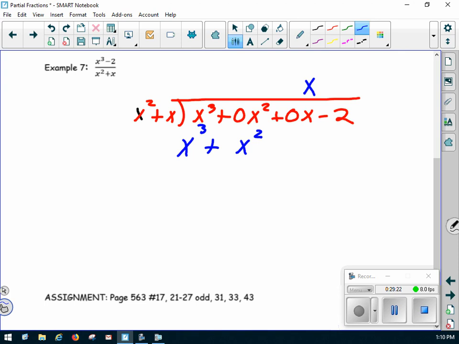Question? What's the matter, Brooklyn? Why is it X? Because I did first term on the inside divided by first term on the outside. Right. Now I'm going to change the signs. Negative 1x squared. Bring down.